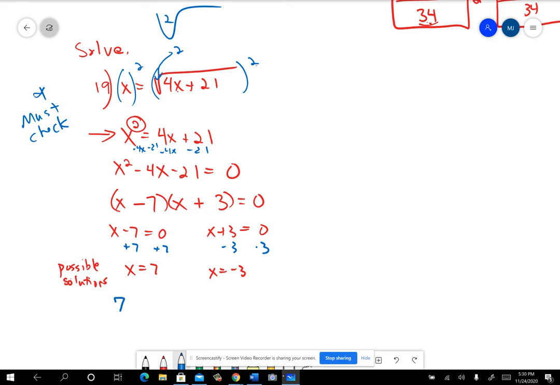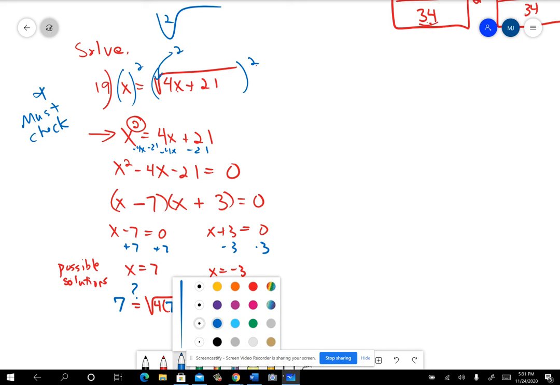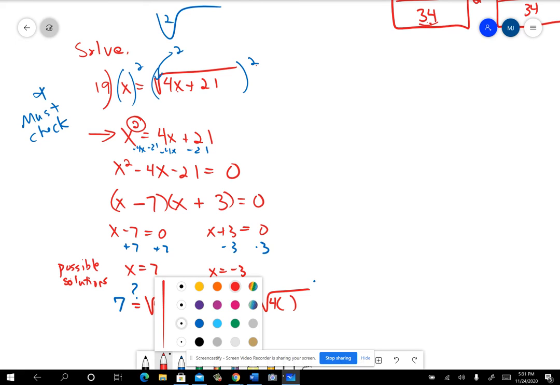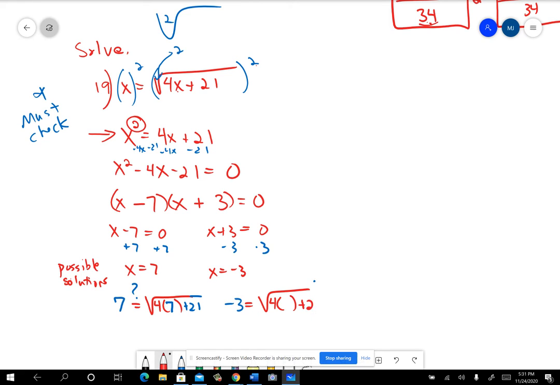You're going to put a 7 where the x is and ask yourself, does that work? Then you're going to put a -3 where the x is and see if that works.